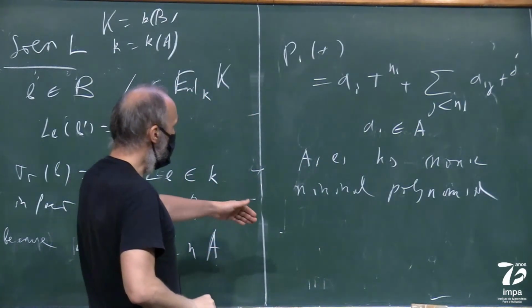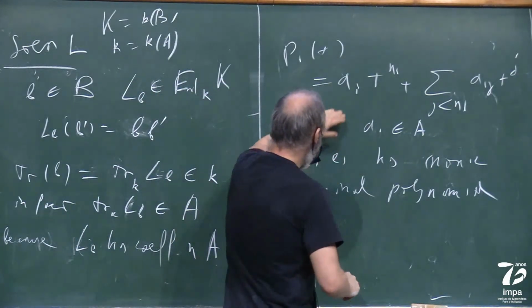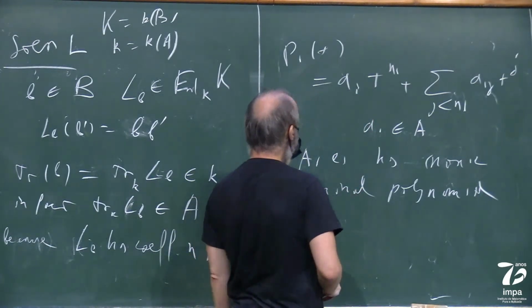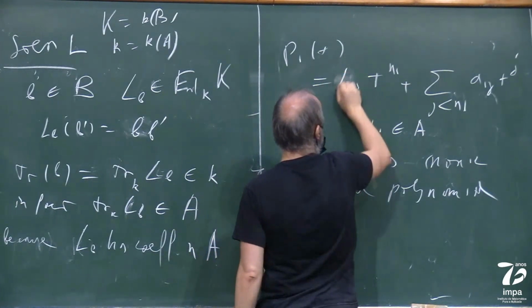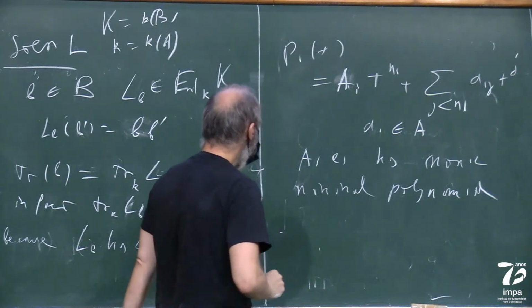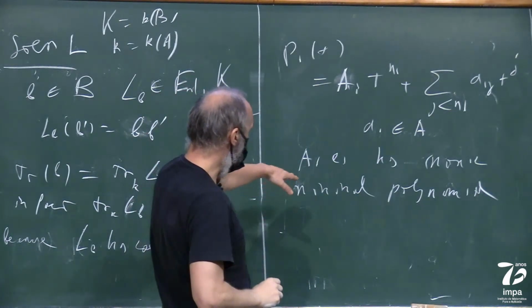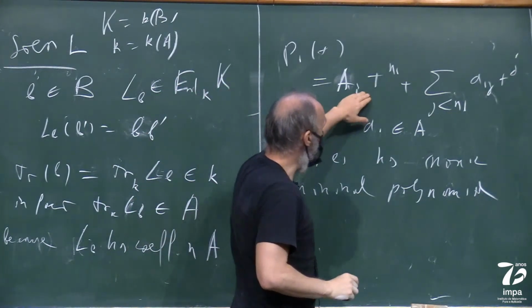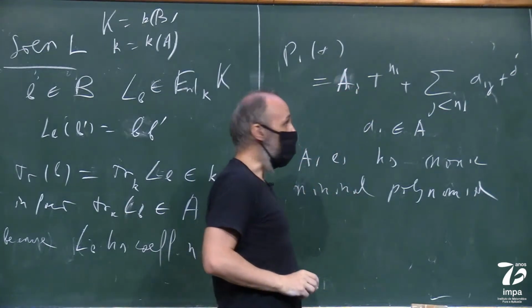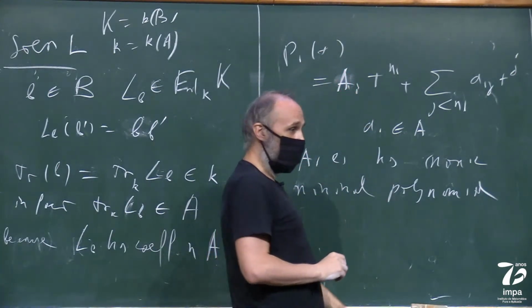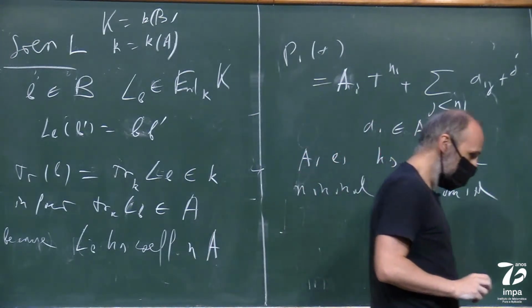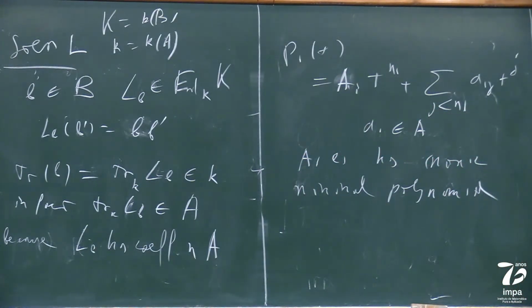You just plug this into that and you divide by a_i to the power n_i.